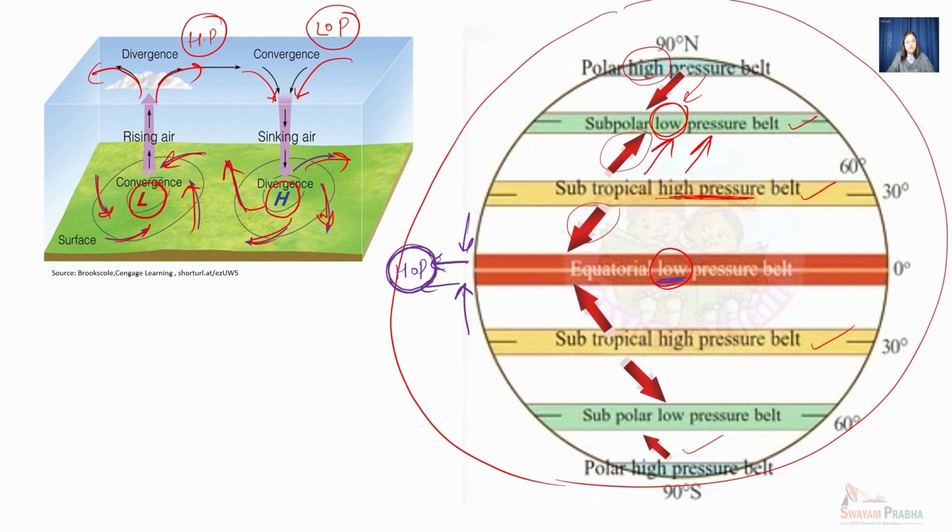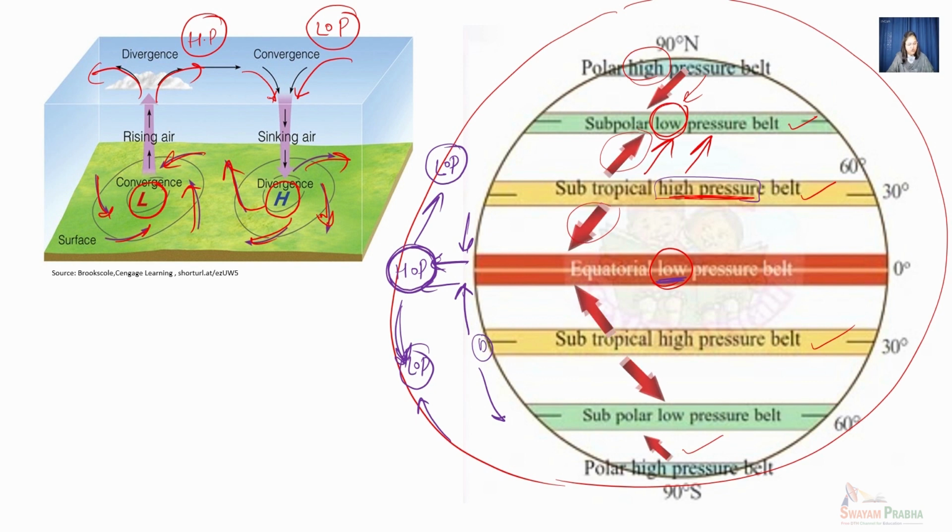And once they reach a specific height in the upper atmosphere, they diverge because of the existing high pressure. Besides this, if you have a high pressure at the ground surface, you will have a low pressure in the upper atmosphere, and this low pressure will lead to the convergence of air in the upper atmosphere and divergence of air at the ground surface.